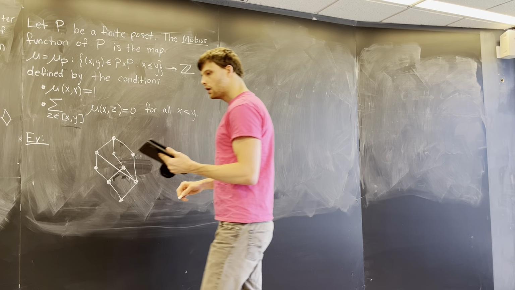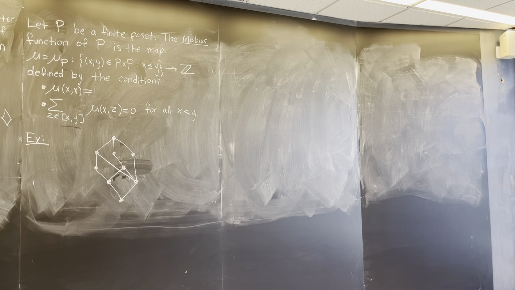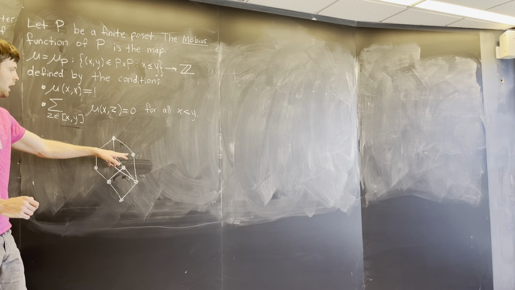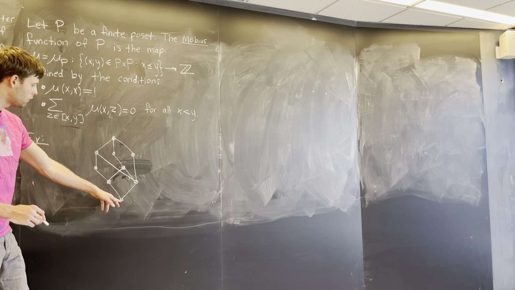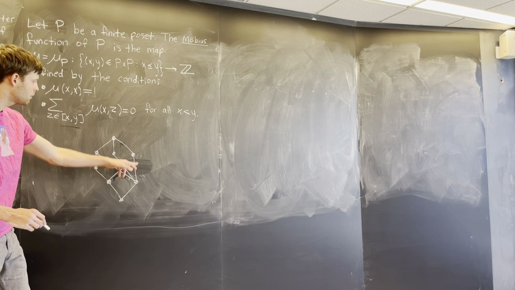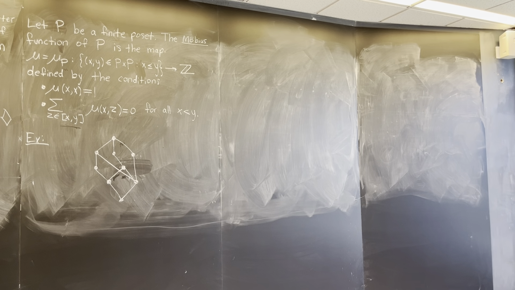And I'm supposed to assign a value to every ordered pair in this set, but that would get messy if I did that for every possible interval in this poset. So all I'm going to do is look at the intervals that go from the bottom element up to some other element. I'll write down the Mobius value on the pair (bottom, this element), and I'll write the value next to the top element of the interval.